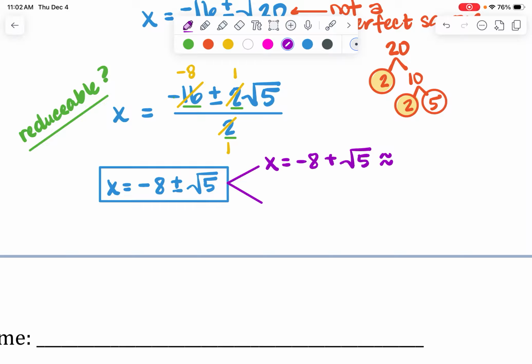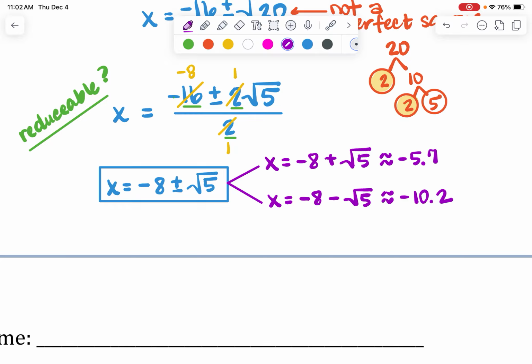Negative 8 plus root 5 is negative 5.7-ish. I'm just going to round to the nearest tenth. And then my other solution is negative 8 minus root 5, which is approximately something. Again, using my calculator, I'm getting negative 10.2.